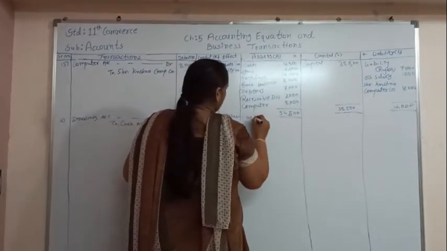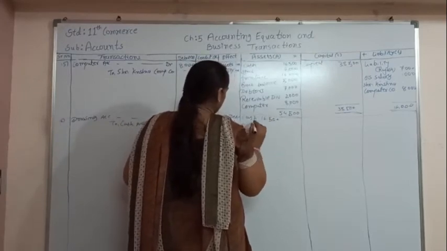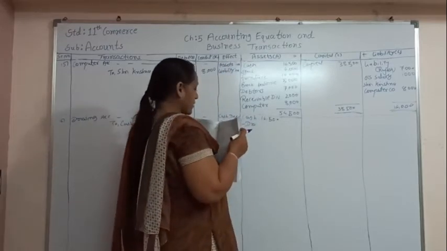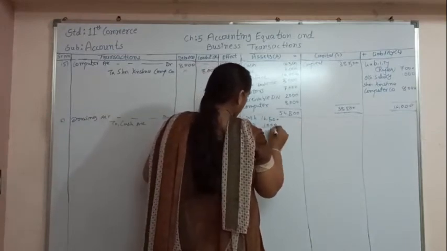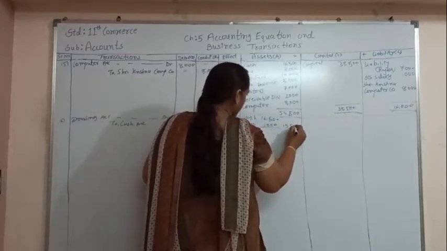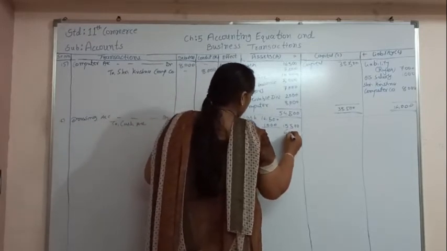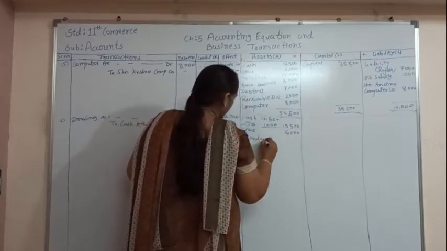So cash is 16,500. From that, drawing is below, so it will be 1,000. So cash will be 15,500. Then stock is 6,000. Then furniture of rupees 10,000.